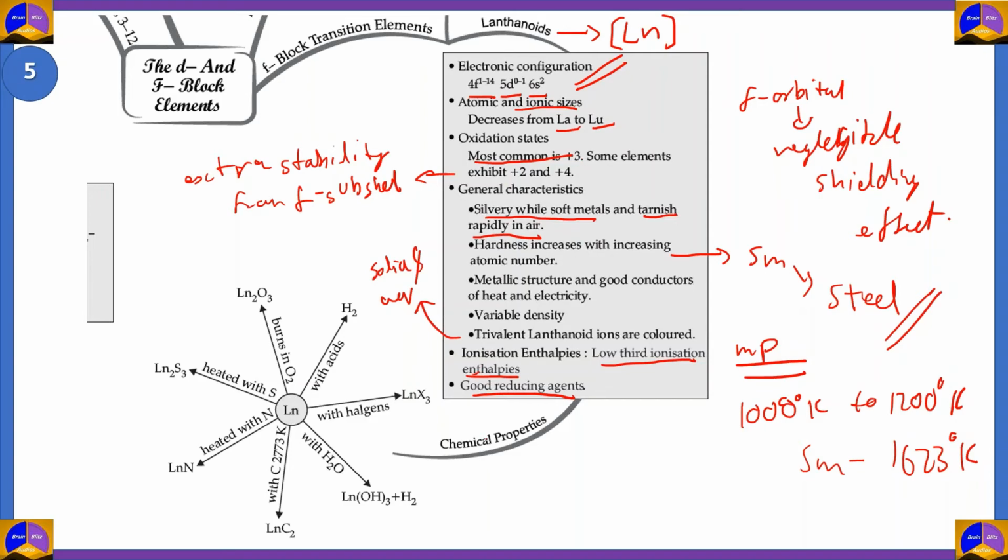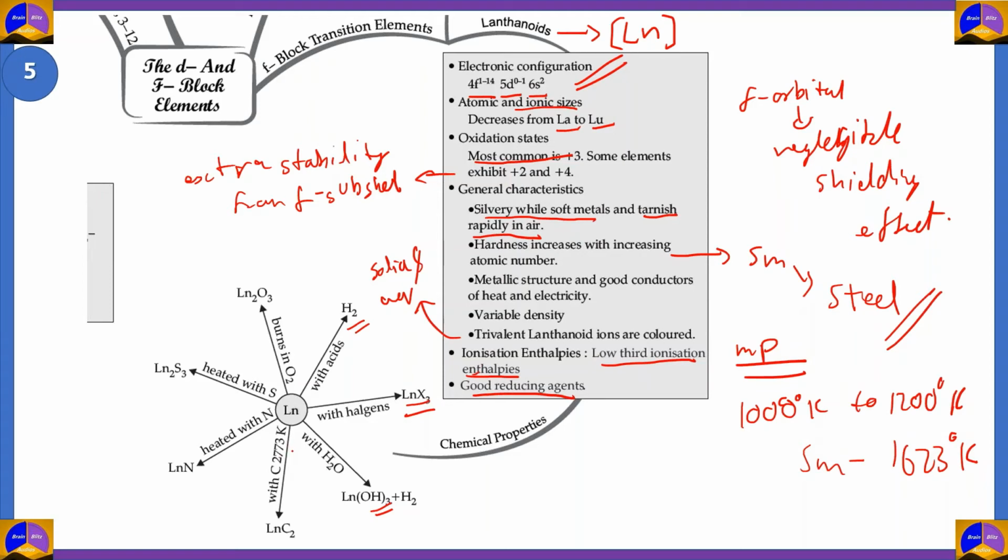So when we're talking about chemical properties, lanthanoids react with a lot of substances. Lanthanoids, when they react with acids, liberate hydrogen, and they react with halogens to form LnX3 or lanthanoid halides. With water, lanthanoids react to form lanthanoid hydroxides and hydrogen.